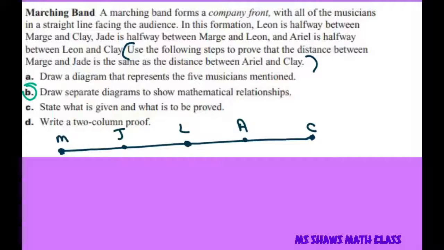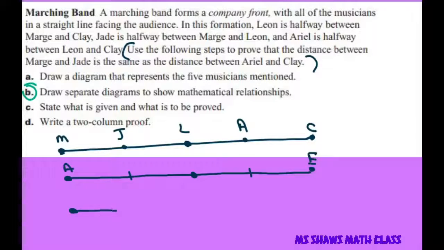So basically what they mean is that we can draw separate diagrams such as A to E, and you have a midpoint here, and we could have Jade here and Ariel there. Or you could do something like this.